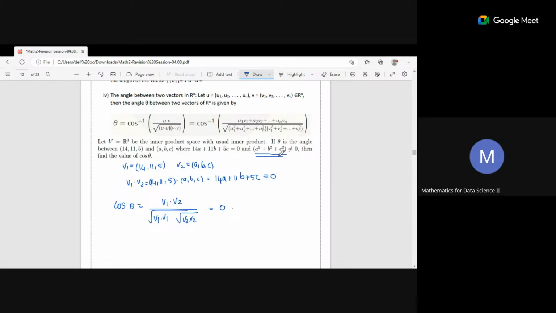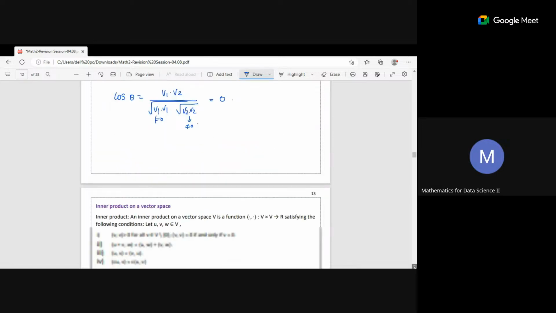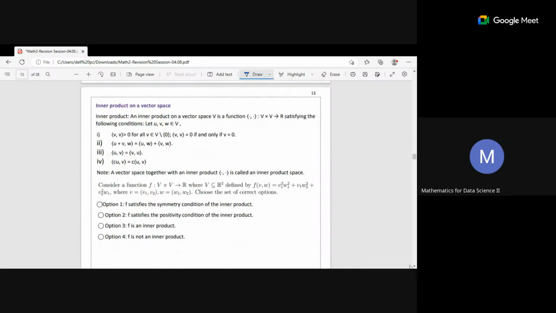Can you tell? To make sure the denominator is non-zero. Yes, this condition guarantees that this denominator is non-zero. Already we know that this part is non-zero because it is explicitly given. To make sure that this part is also non-zero, this condition is given here. So now you know that the value of cos theta is 0. Okay, fine. So the next topic is inner product space.